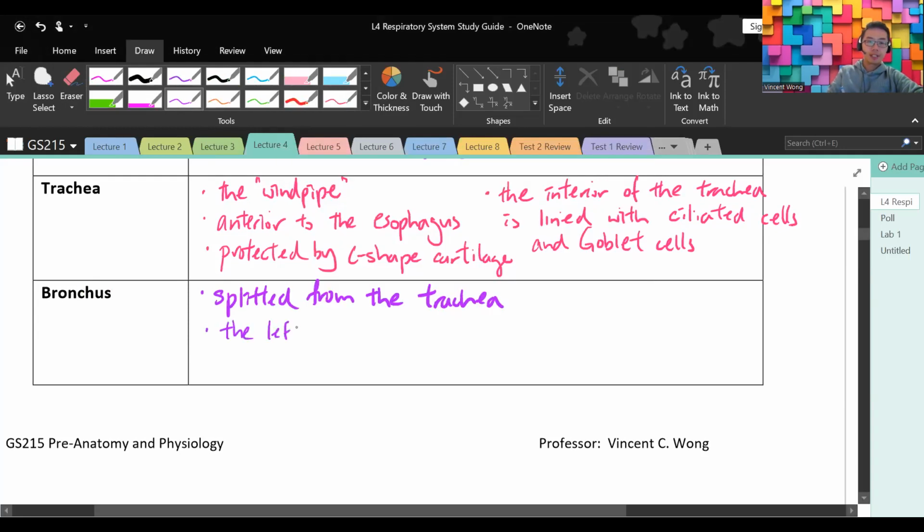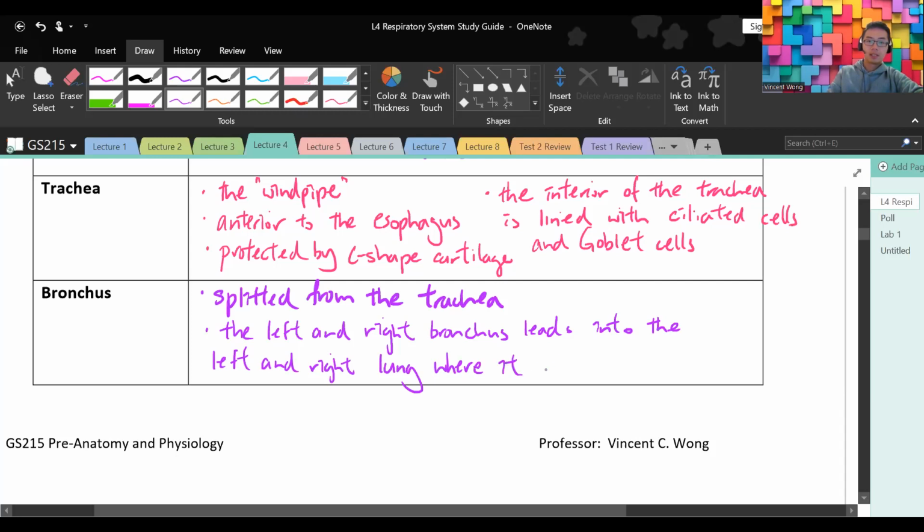The left and right bronchus lead into the left and right lung, where it will continue to split.